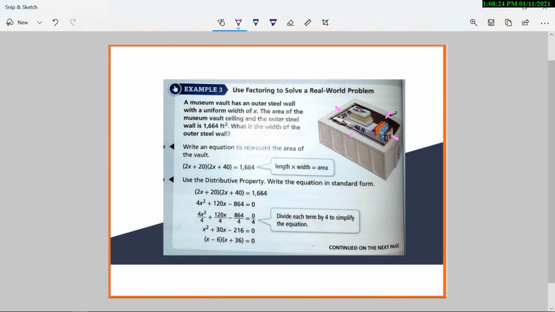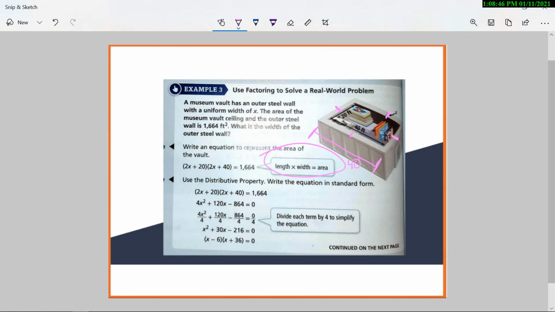Well, we've got to get an equation first. So we want the area of the top rectangle. It's just length times width. Right now we know that this to here is 40.